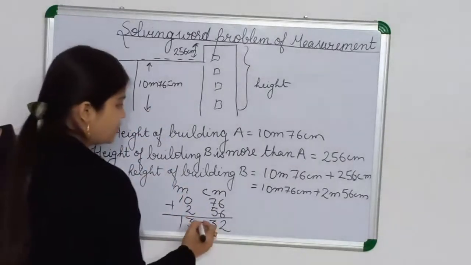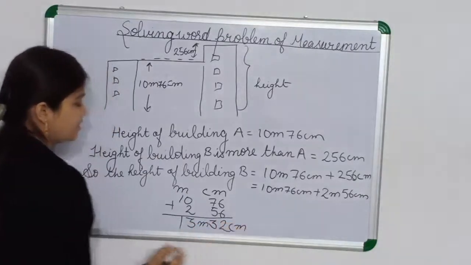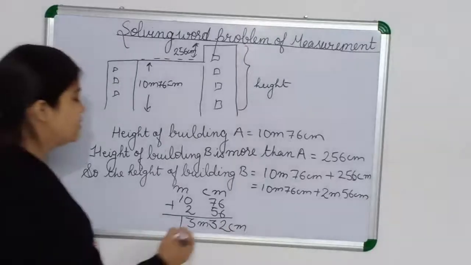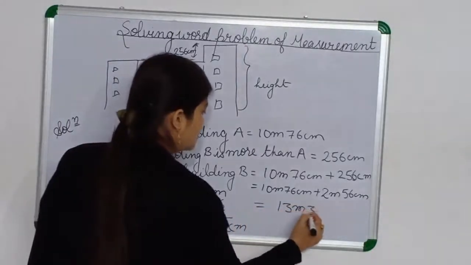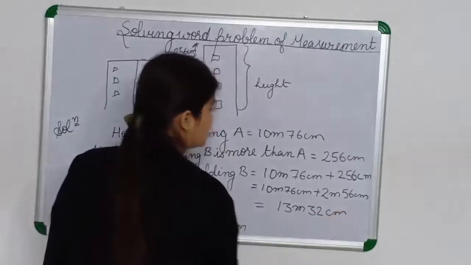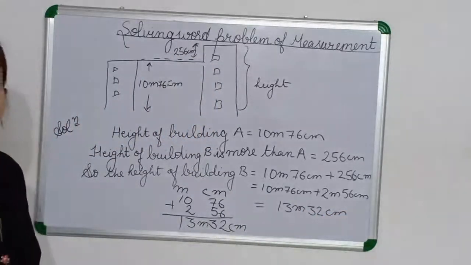So the height of building B is 13 meter 32 centimeter. Okay? Very easy work. You can do it now.